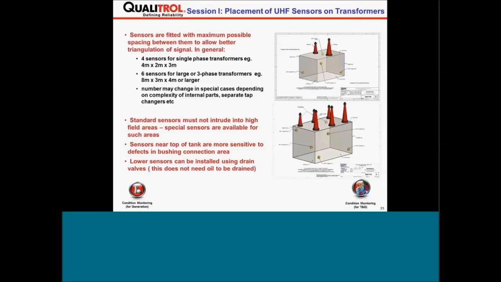We don't want the sensors to intrude into the high field area, so we particularly use window sensors around the bushing area. Clearly, the sensors placed near the bushings allow a closer monitoring of the actual bushings themselves for any real activity in the bushing or in the connection to the bushing, which is really important.